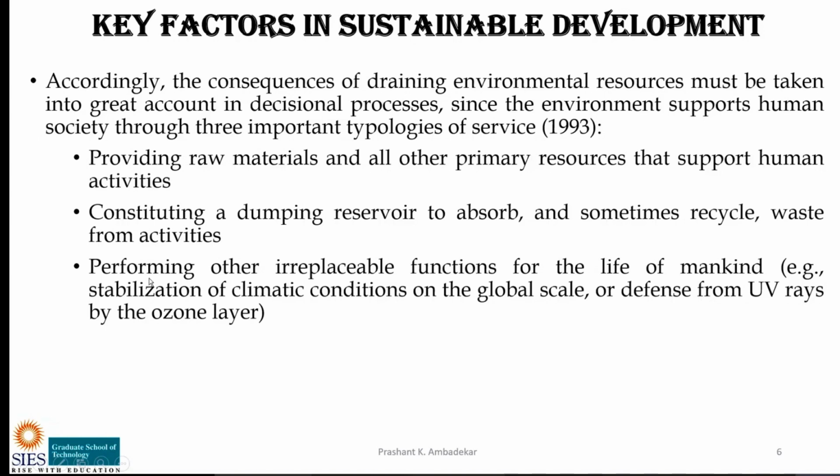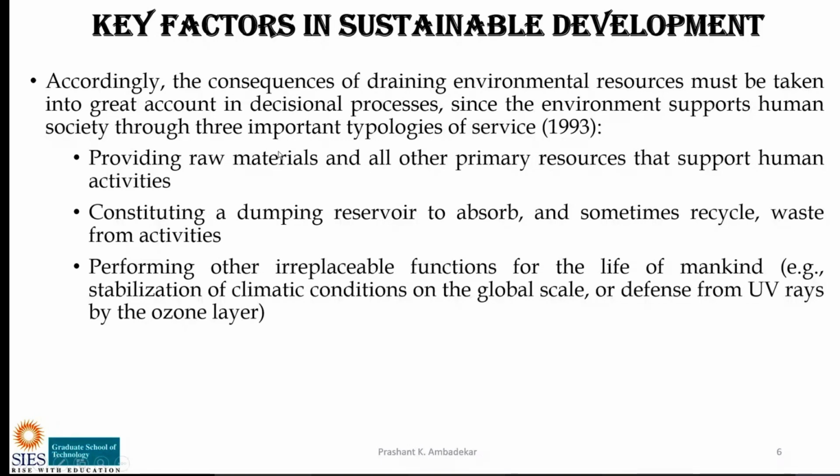And the third way that it is doing is performing other irreplaceable functions. Now these are the functions which cannot be replaced, like preventing us from the UV rays by the ozone layer. This cannot be created by human. It cannot be an artificial layer. It is a natural layer.